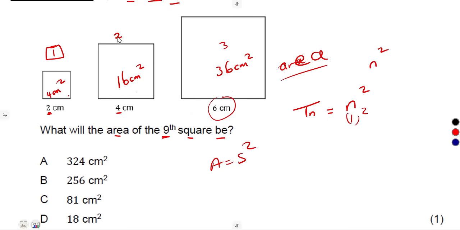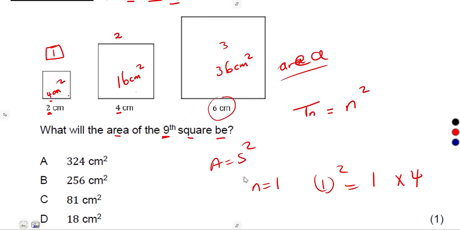The same thing for 2. 2 squared does not give us 16. So what happened to the n squared for us to get 4 instead of a 1? Because the first term, when n is 1, you substitute 1 there, it was going to give us a 1, not a 4. So what happened to get a 4?